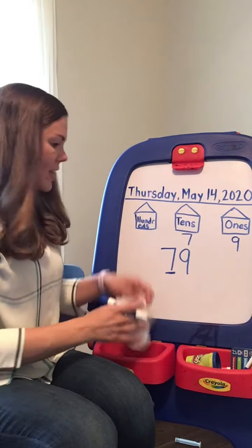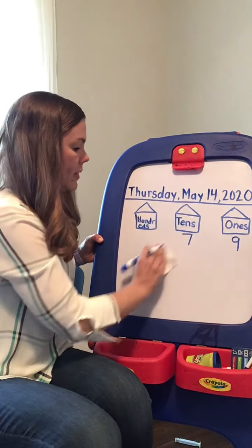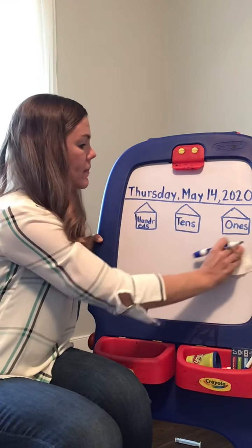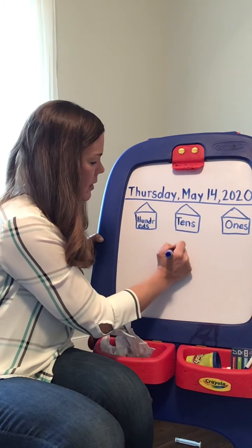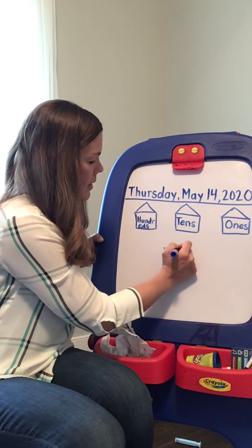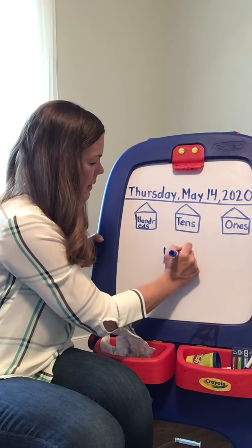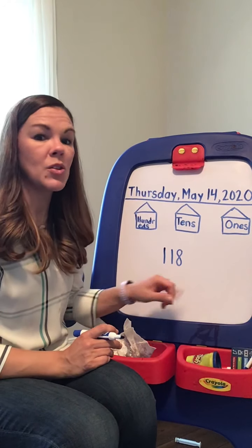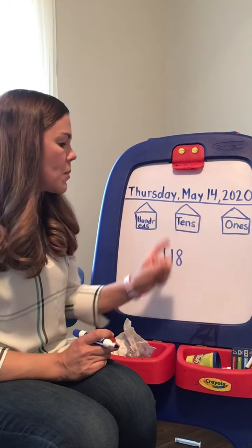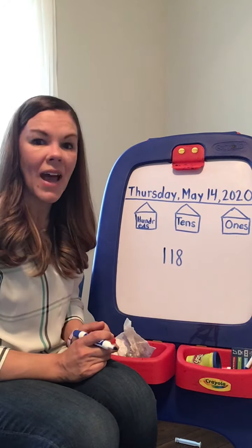All right, let's look at another one. Let's look at a bigger number this time. What if I have 118? Now we have our 3 houses, right? So we have to think about which number is in the ones house.